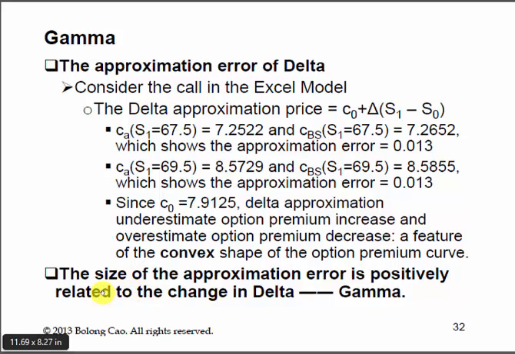And the size of the approximation error is positively related to the change in delta. So if delta changes more, then the approximation error will be higher.